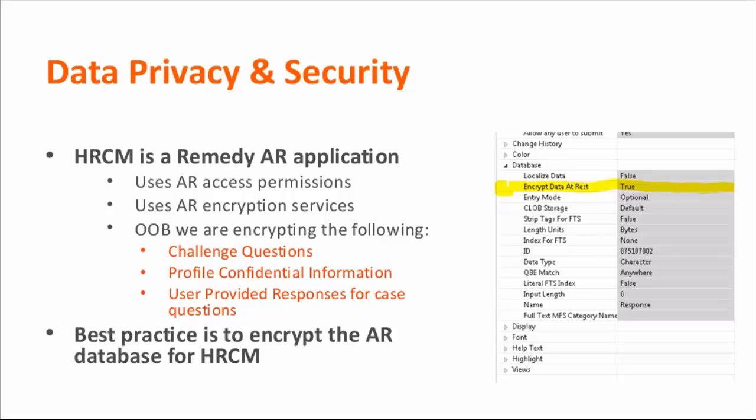So all the people who are able to access that record will be able to see the unencrypted information. For any other user who doesn't have access to that record, they will not be able to see the unencrypted information. So one other best practice we suggest is to encrypt the complete database at the AR level to make it more and more secure.